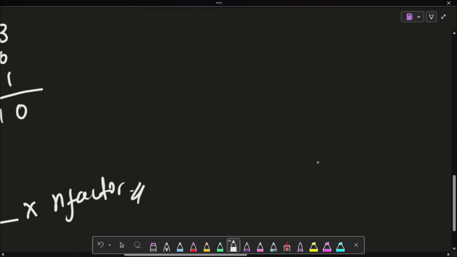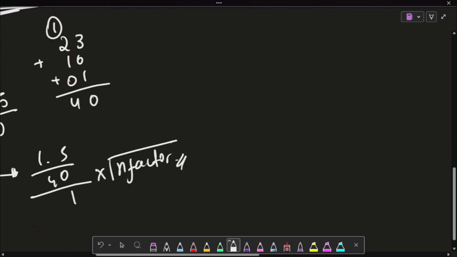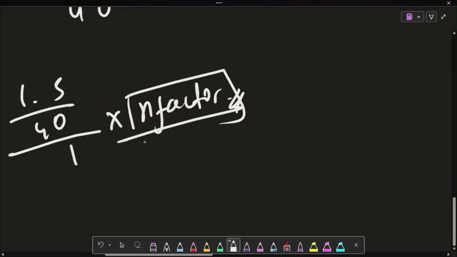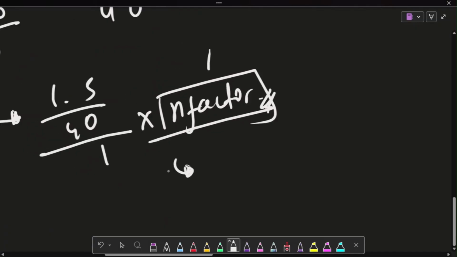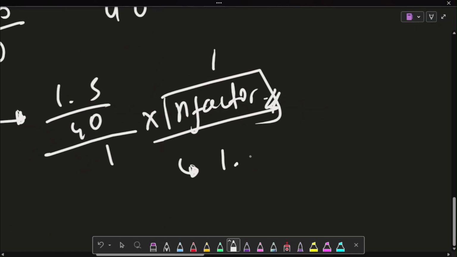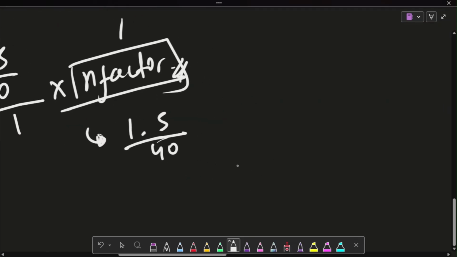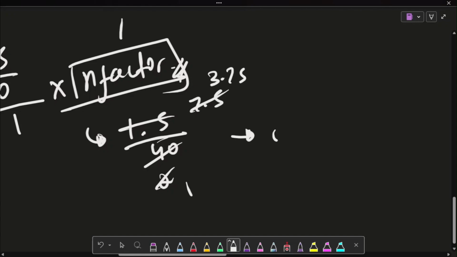By the way, n factor for NaOH is 1, so the normality of the solution will be 1.5 by 40, so that's like 0.0375.